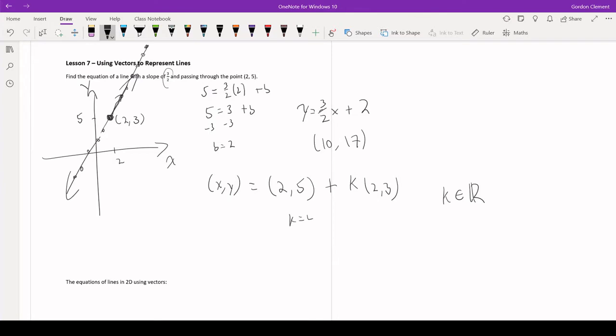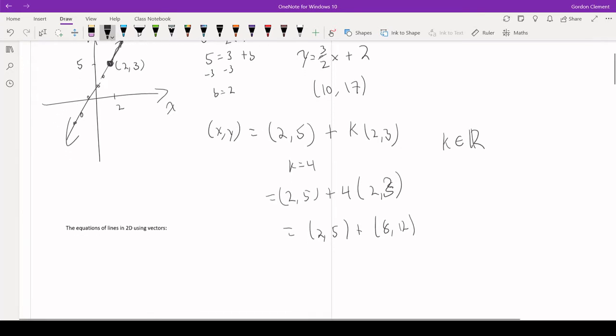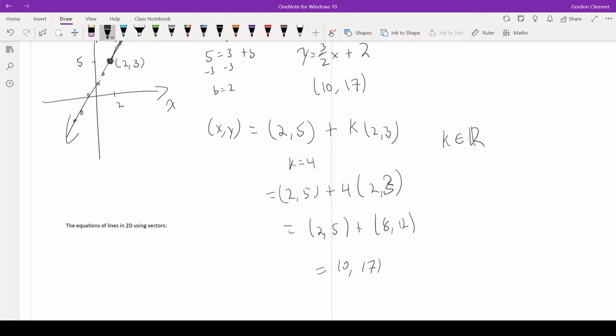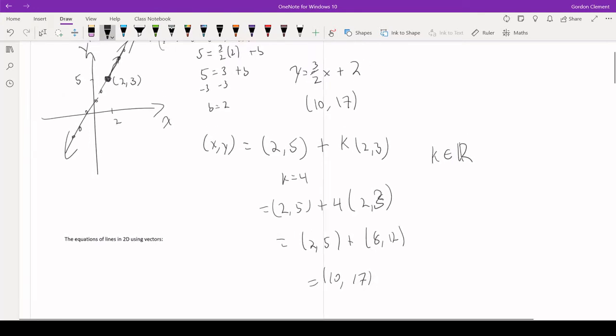So when k equals 4, we get to (8, 12) added to the start, and that's how you get to the point (10, 17). So for every point on this line, there's a k value that gets you to that point.